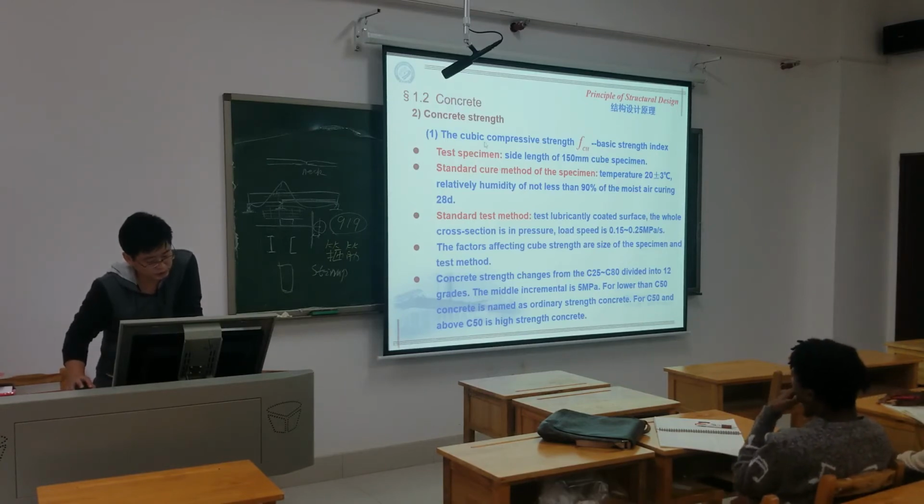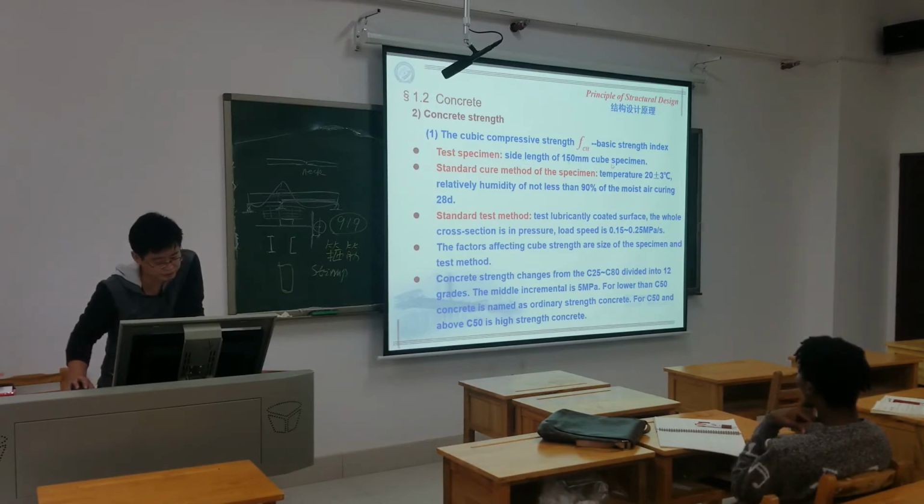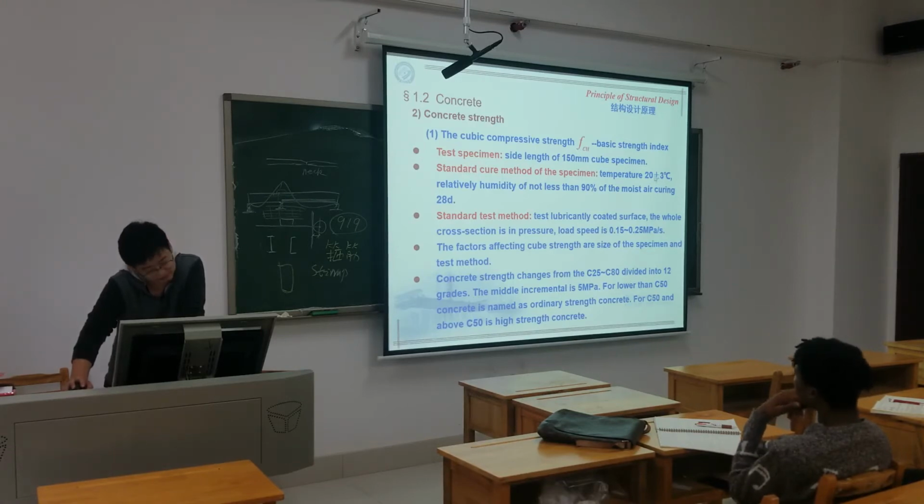When we do the experiment to measure f_cu, the test specimen is a cube with a side length of 150 millimeters. The standard curing method for the specimen is temperature 20 plus or minus 3 degrees, relative humidity not less than 90% in moist air for 28 days.